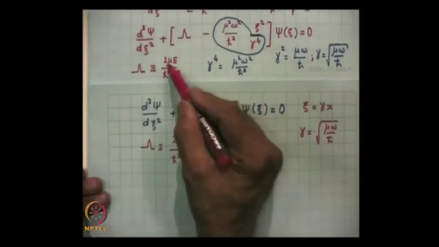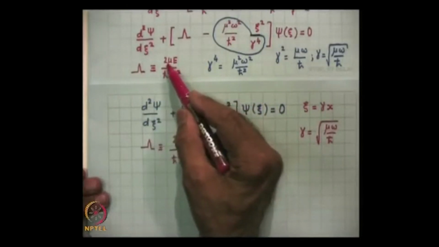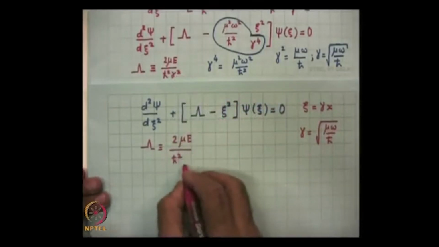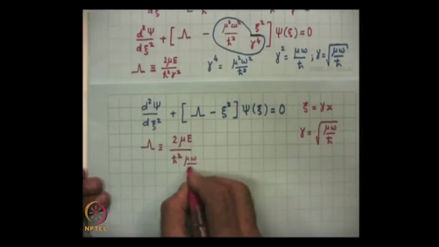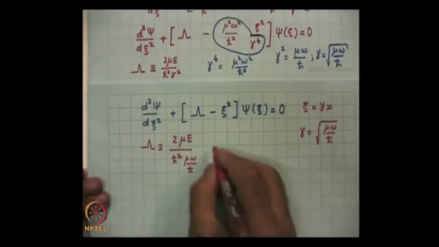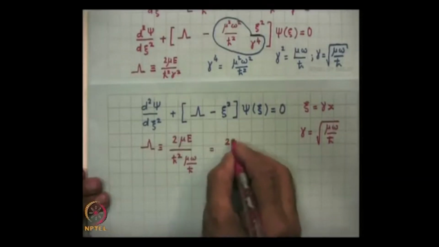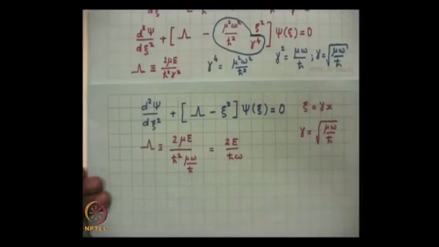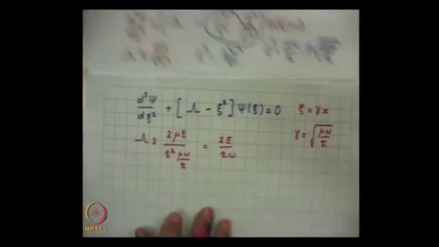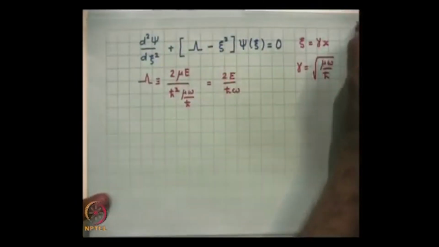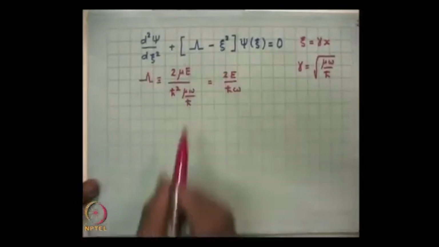As you can see here, lambda is equal to 2 mu E divided by h cross square gamma square. So, this becomes mu omega by h cross, so mu cancels out, and you will get 2 E by h cross omega. Therefore, we can transform the Schrodinger equation to this particular form.